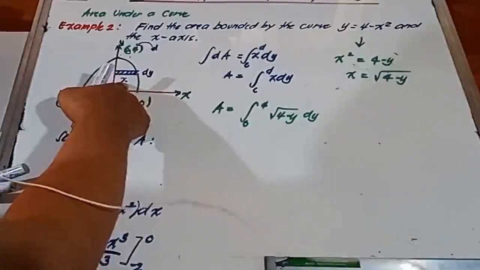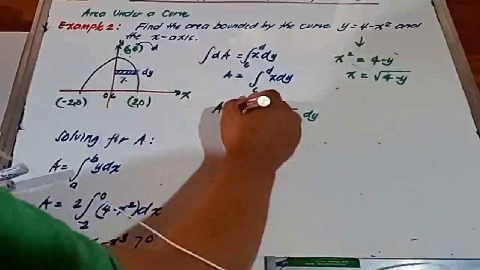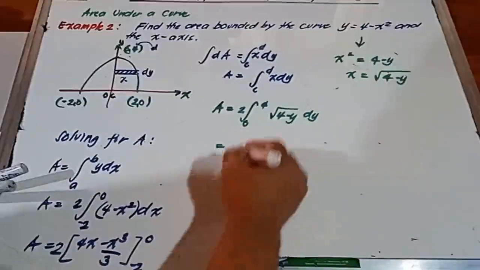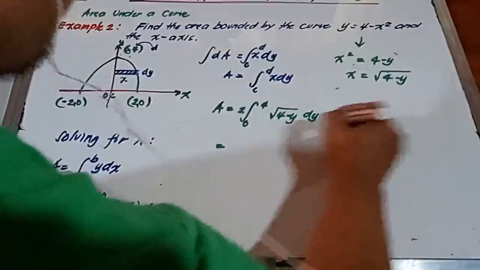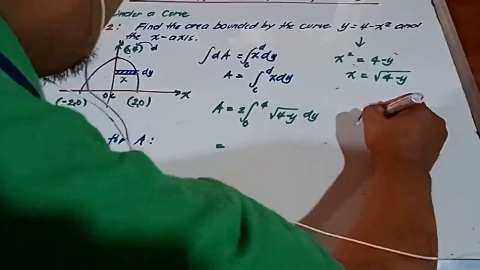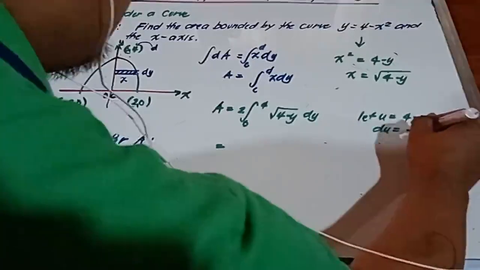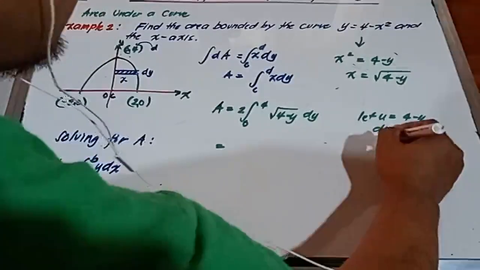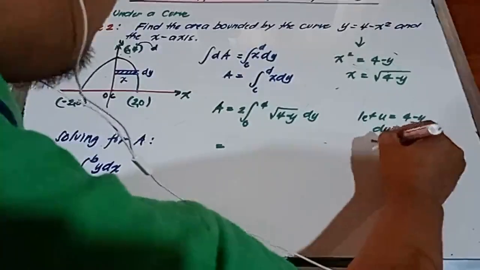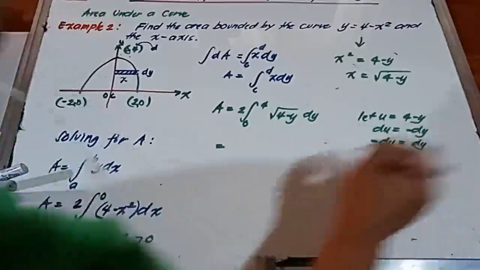Yung other half lang kinukuha natin, so i-times 2 natin. Okay? Integral of, substitution tayo. Let u equals 4 minus y. Ang du natin, negative dy. So, we have negative du equal to dy.